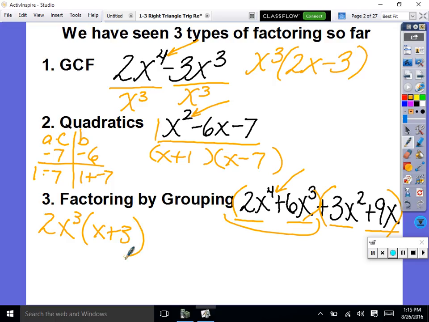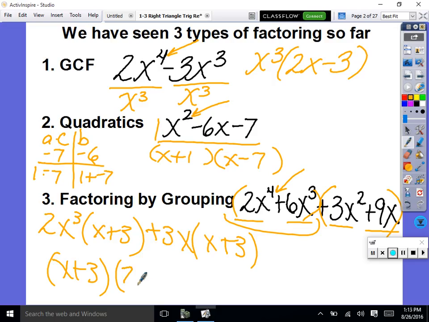Over here, there's a positive 3x, sorry about that. And then left would be x plus 3. Then we factor out x plus 3, our safe haven, and left is 2x cubed plus 3. We're all comfortable? Okay, moving on.